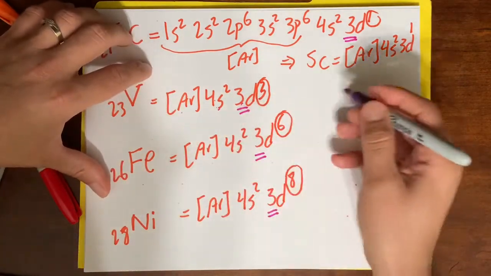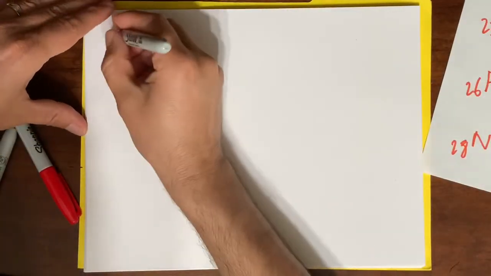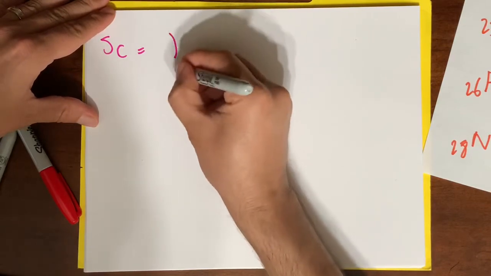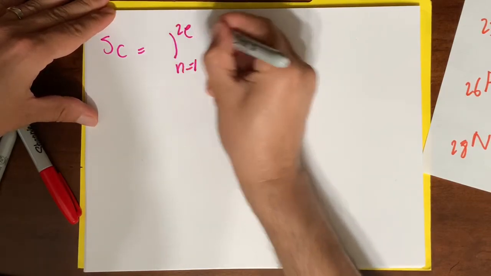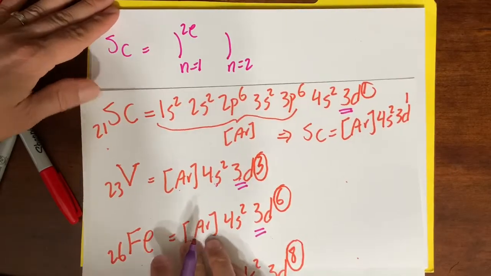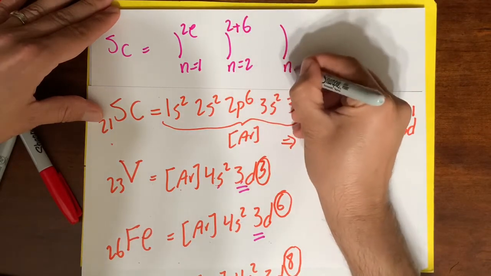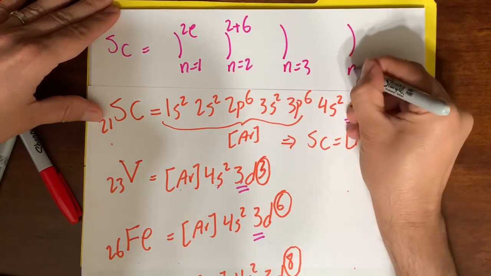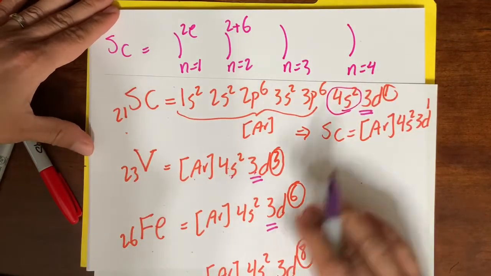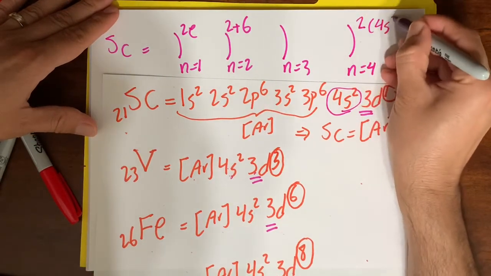Okay, so here I go with scandium. We have n1 with 2 electrons, n2 with 2 plus 6, n3 and n4. In n4 we have only one orbital, 4s with 2 electrons.